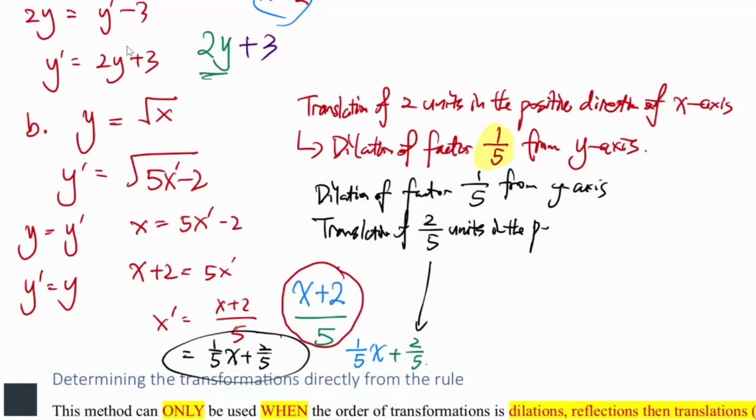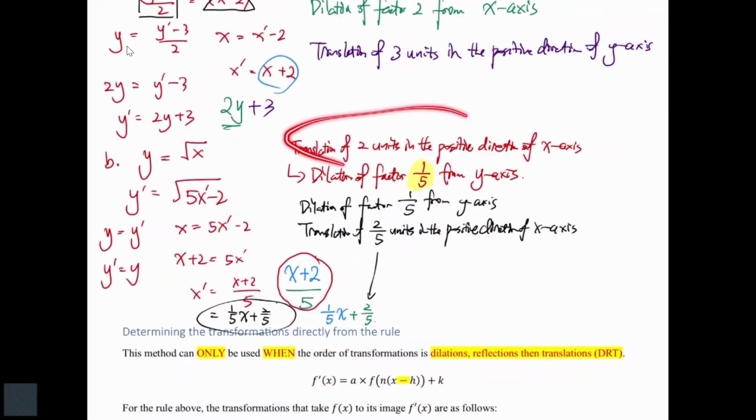Still positive because you move it up, you make the value greater, in the direction of x-axis. Both answers are fine. But you gotta watch out for the order. You have to make them into the correct order with the correct value for your transformation. All right.